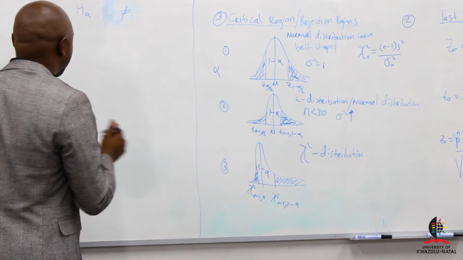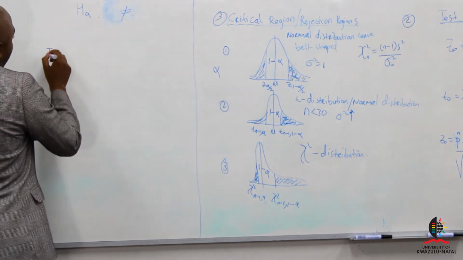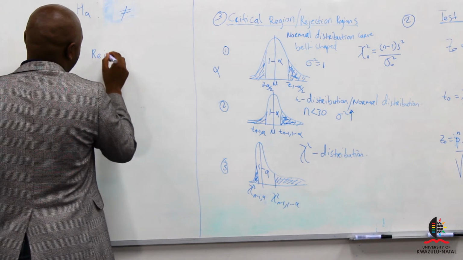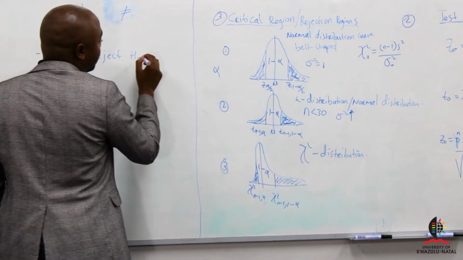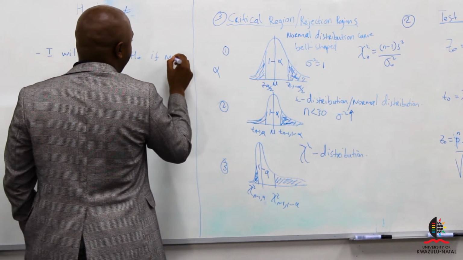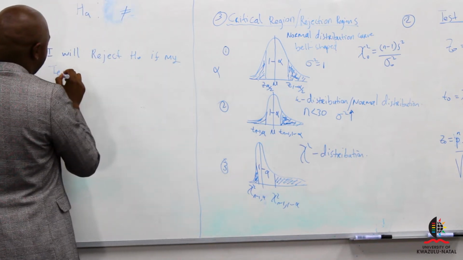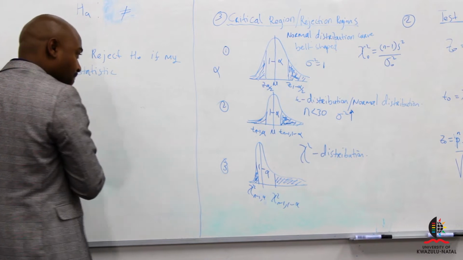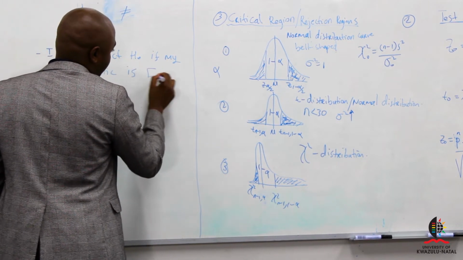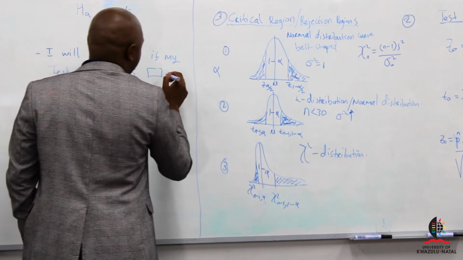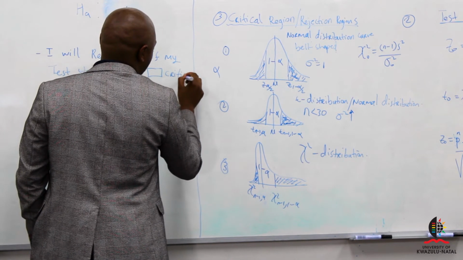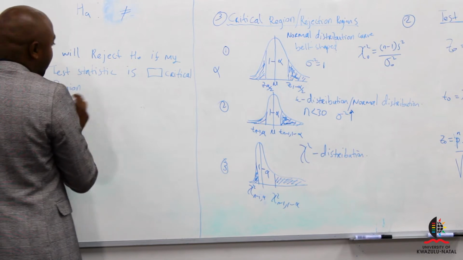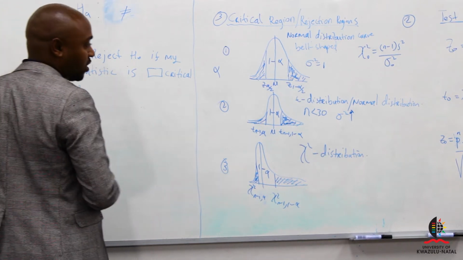Okay. Now let's make a rule. I will reject H naught if my test statistic is, put a box here, in the critical region, or rejection region, right?